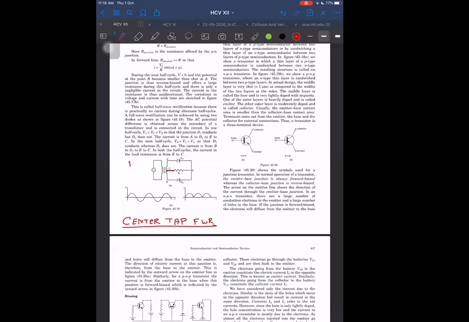On the left hand side there is an input, and it is making induced EMF in the secondary coil. That induced EMF, 50% will be in the middle, 50% will be in the upper half of the circuit.